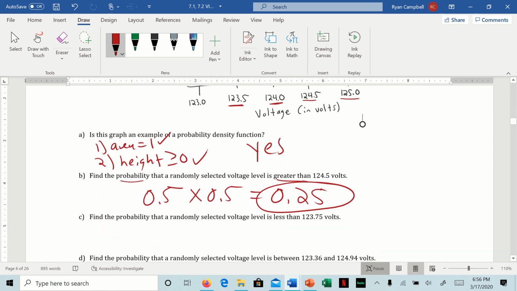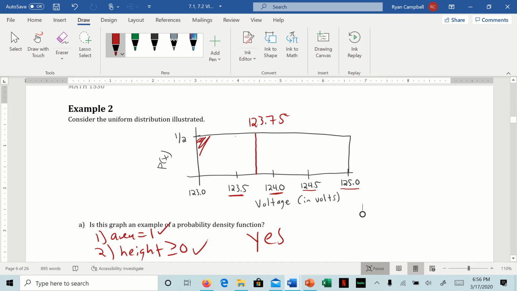Well, it says less than, so that's going to be to the left. Good. So this is everything we want. What's going to be the length? The length from 123.0 to 123.75 is just 0.75. The width, again, is just 0.5.